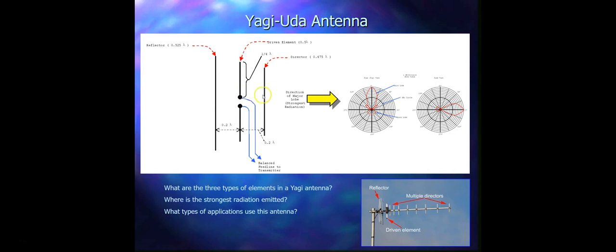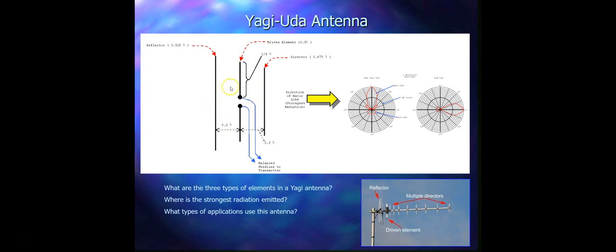And the director elements are in the front of the antenna, and they are made electrically short, 5% shorter than the driven element. These director elements further reinforce and focus the energy leaving the front of the antenna, and adding more director elements in the Yagi-Uda antenna will increase the effectiveness of this antenna.